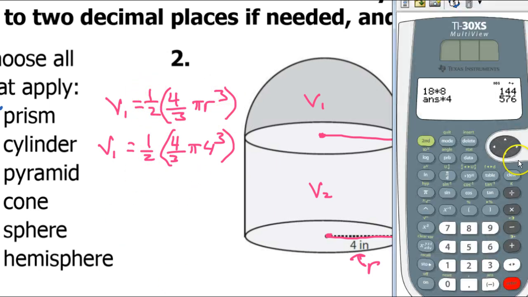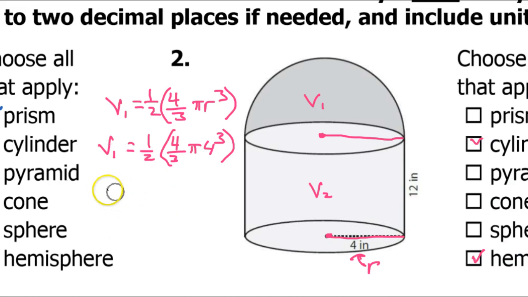I'm going to put this in my calculator: 1/2 times 4/3 pi times 4 to the 3rd power. That's 128 pi over 3. So volume 1 is 128 pi over 3.